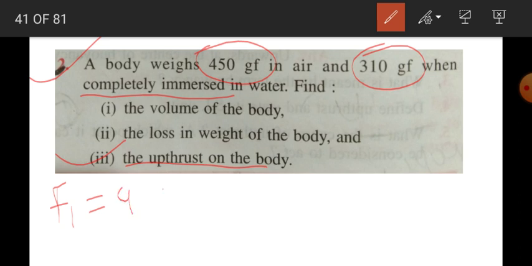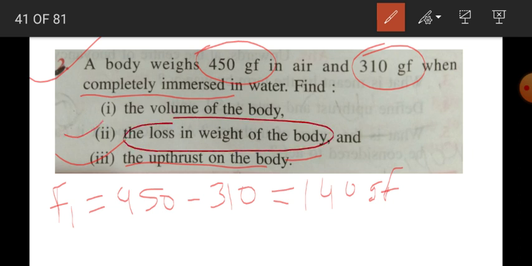True weight minus apparent weight, isn't it? So that is going to be 140 gram force. That's it, we have calculated the upthrust. Second, loss in the weight of the body. The loss is 140 gram force, which is equal to the upthrust.